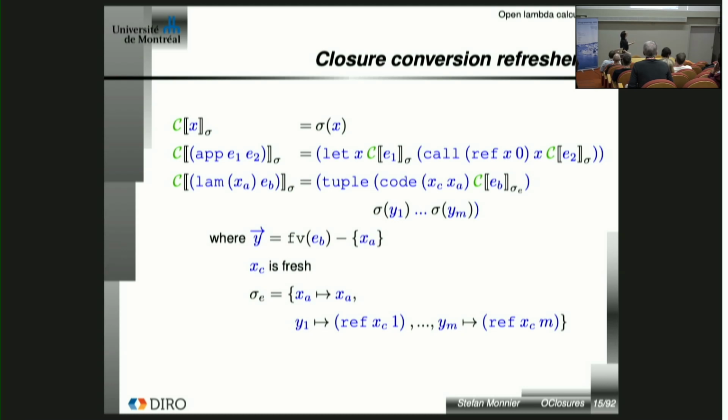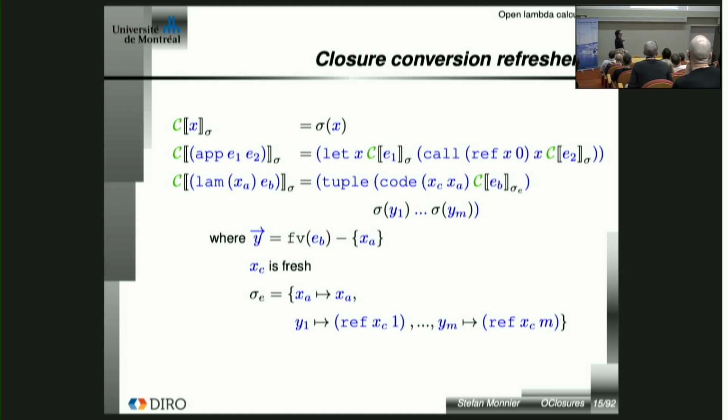So you call this code and you pass to it x, which is the closure, so that the code can extract the information from the closure where it needs to refer to free variables, and then you pass the original argument. This should be something you've seen sometime, maybe a long time ago, but something you might be familiar with.